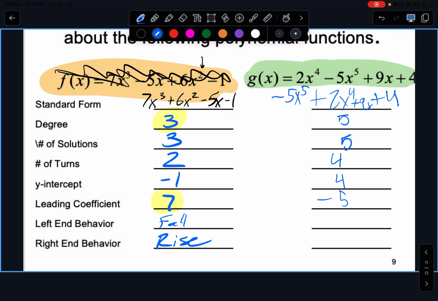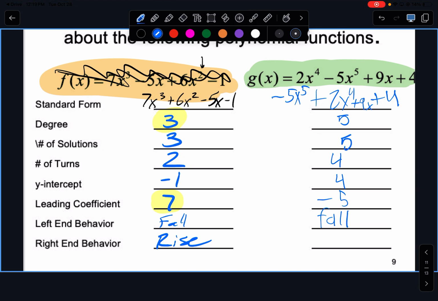So our left end is... okay, so let's pause and look at our left one and our right one, okay? So they're both odd, right? But this orange one, our original one, had a positive coefficient. This one has a negative coefficient, right? So instead of it being fall, it's going to be what?